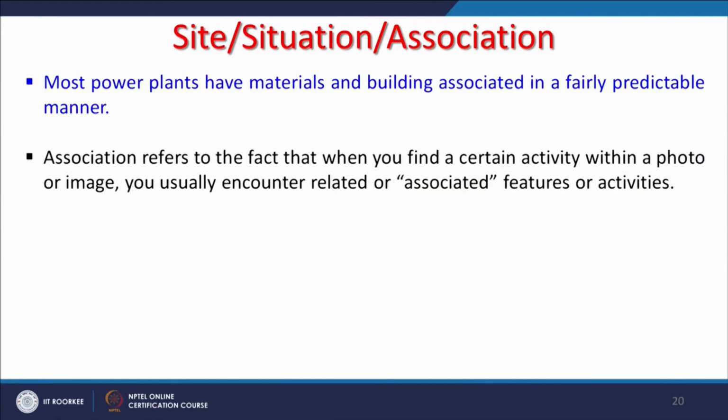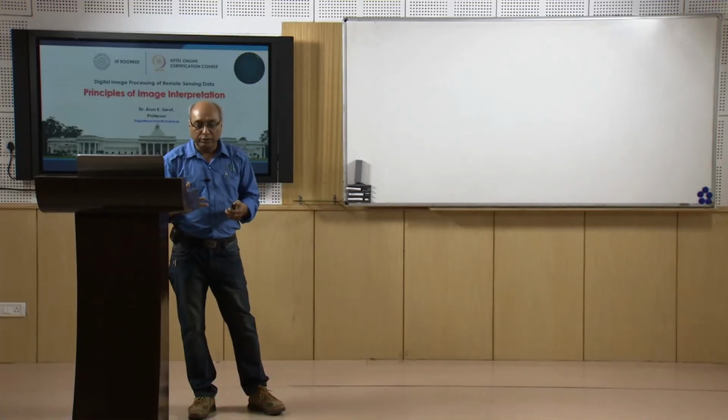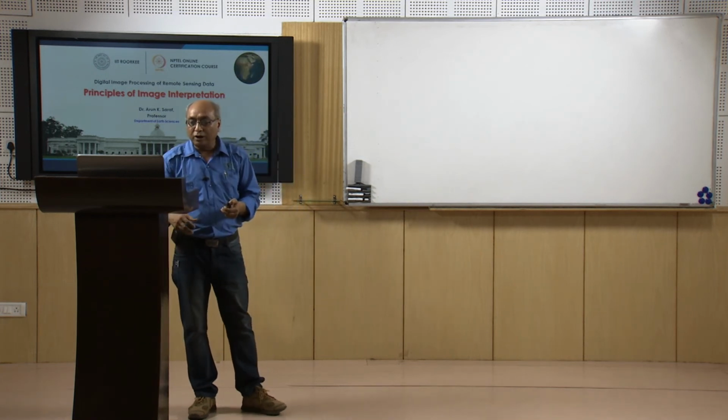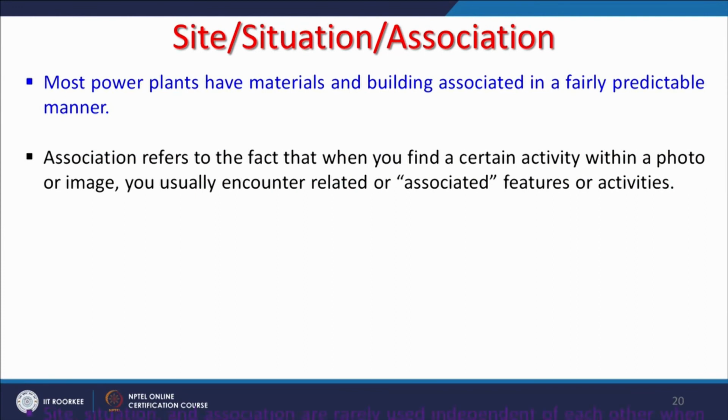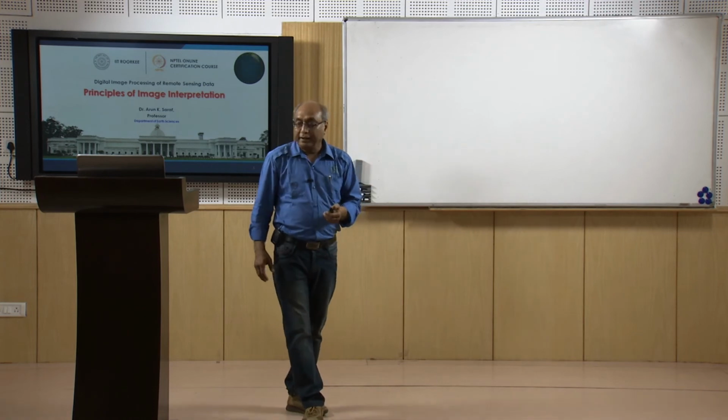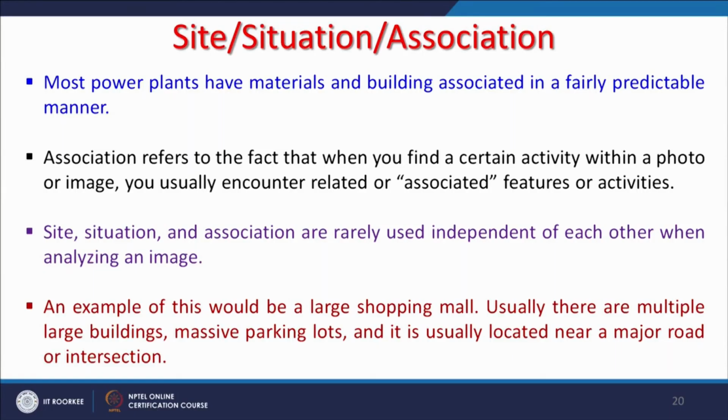Association refers to the fact that when you find a certain activity within a photo or an image, nowadays most of the time we are doing image interpretation on the screen, you usually encounter related or associated features or activities. Site, situation and association are rarely used independent of each other when interpreting an image. An example of this would be a large shopping mall.